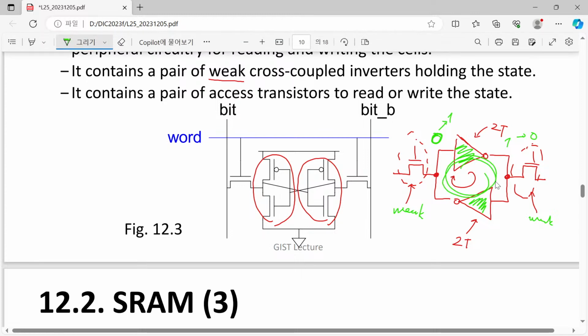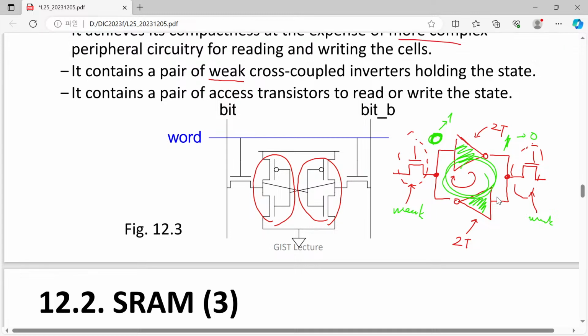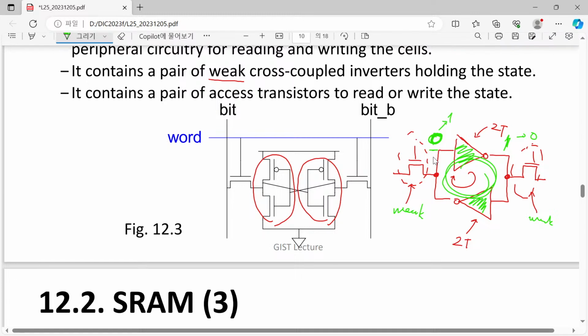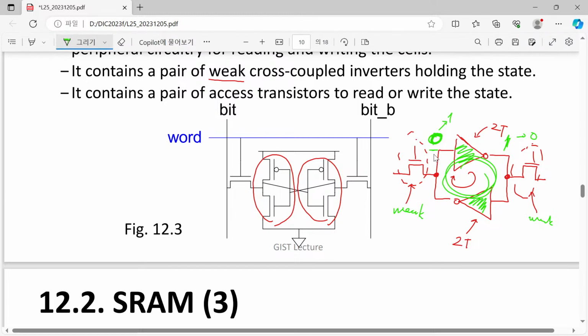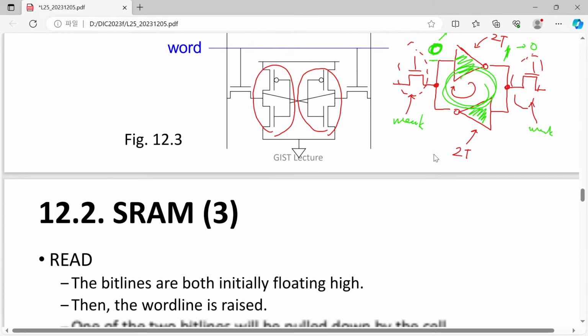The data is kept, and when you try to read it, you just read the voltage here. Since this is 0 and this voltage is read, and this voltage 1 is read, you can say that a certain information is stored as 0, and later we'll talk about the write operation.